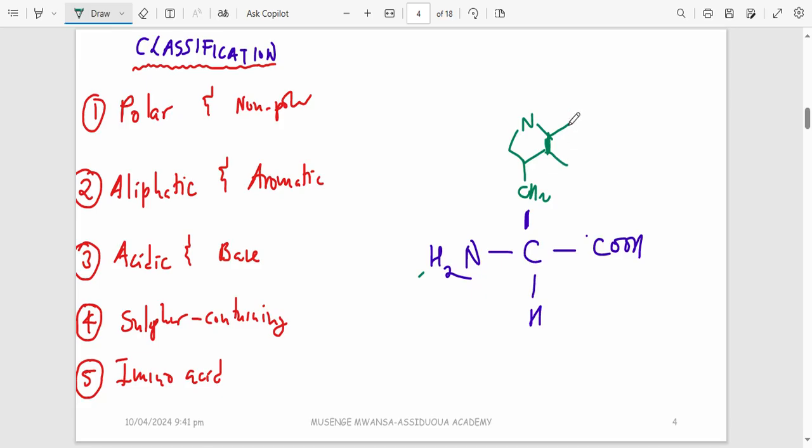Let's say it looks something like this. So this amino acid that I've written here is known as tryptophan.